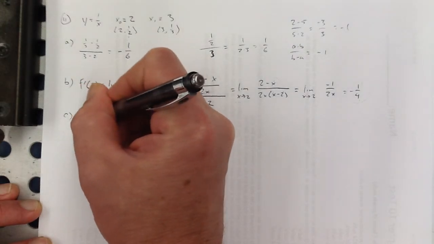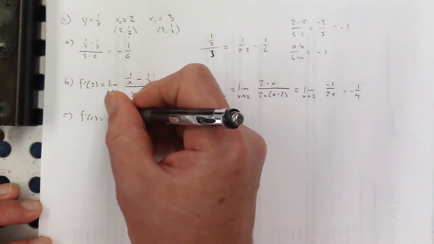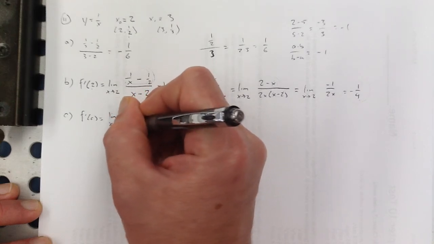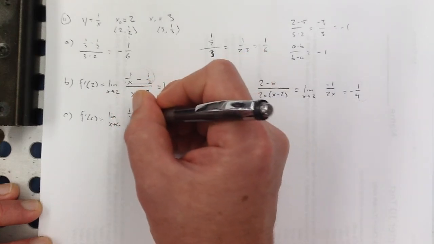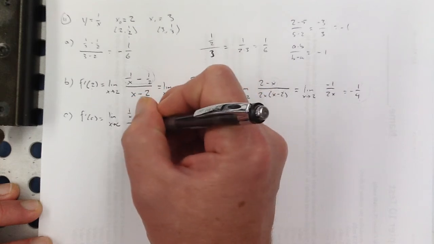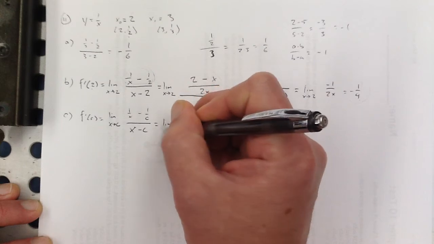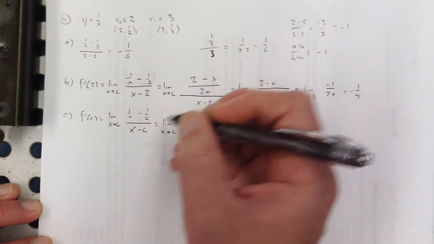Now I want to do that same thing with just some generic value. I'm just going to leave it as c. So 1 over x minus 1 over c, over x minus c. The algebra is exactly the same, so I'll move a little faster.